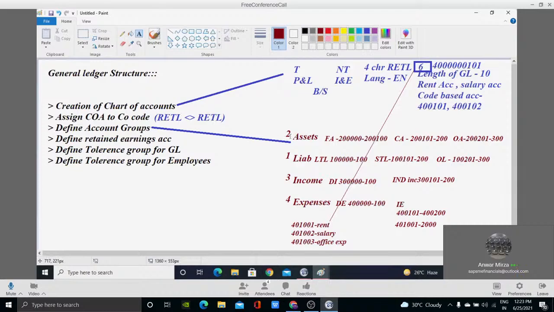Because from 1 to 2 or 2 to 3, each series difference is 1 lakh if it is 6 characters. If it is less than 6, that is 5, it is 10,000. 10,000 accounts is a huge stake to cover the entire requirement of your organization. Any other questions? Clear, right?